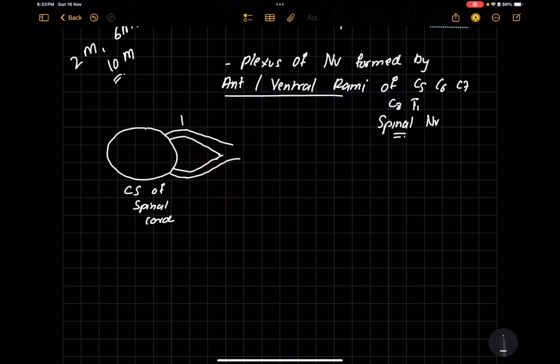Let's supposedly say this is the dorsal root and this is the ventral root. Then this may be your spinal nerve, and then this will divide and give you your rami.